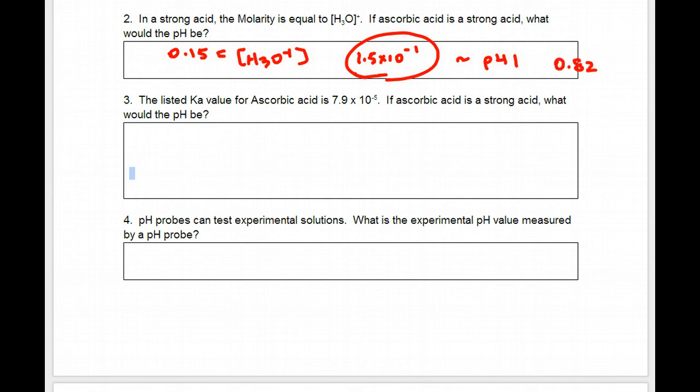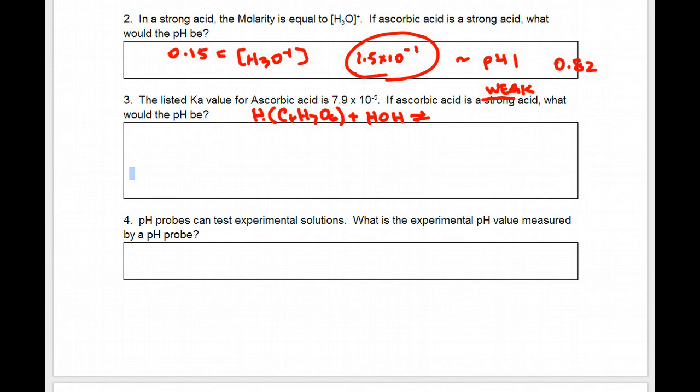For number 3, they give you a Ka value for ascorbic acid. And then it says if ascorbic acid is a strong acid, it should actually be written weak acid. What would the pH be? So now we have to actually do a reaction. So let's say the ascorbic acid, which is H C6H7O6, plus water.